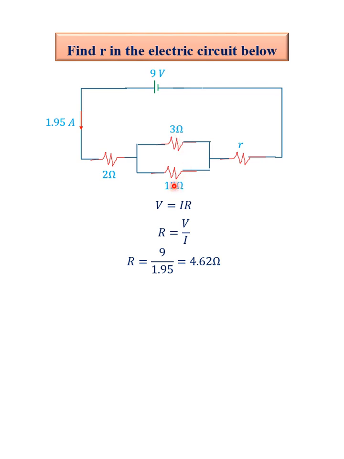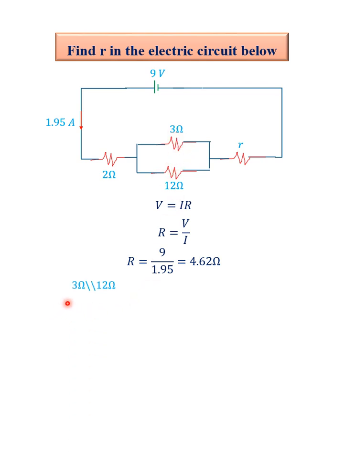The reason being that as the current is flowing, when it gets to this node, it's going to split. Wherever a current splits denotes parallel connection. So these two are in parallel, while this combination and these are in series. So let's resolve this parallel connection first.